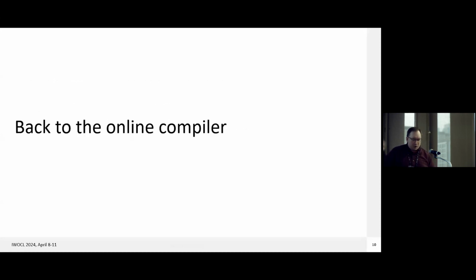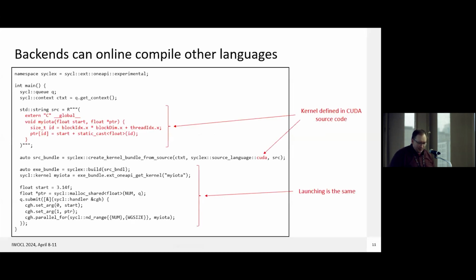So now we'll go back to the online compiler part. At the beginning, I mentioned the source language part of this create kernel bundle from source. And now we're back to that. In the first example, we said our source language was SYCL, but there's no reason it has to only be SYCL. There's no reason we can't support other source languages as well.